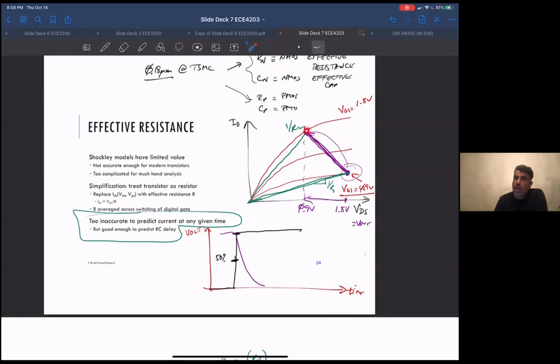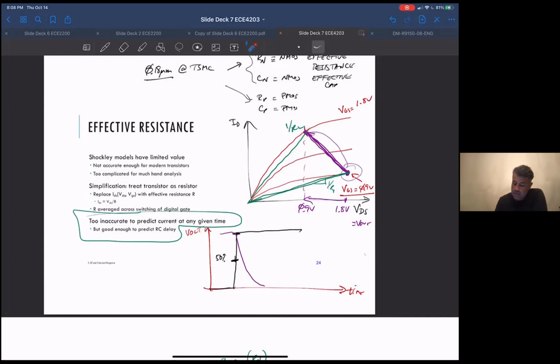So you're saying, what resistor value would I need to give me the same current? So you would draw a line here and say, this resistor value, with 1 over R being the slope, if I was just sitting here at 0.9, would give me the right current value just at this point.